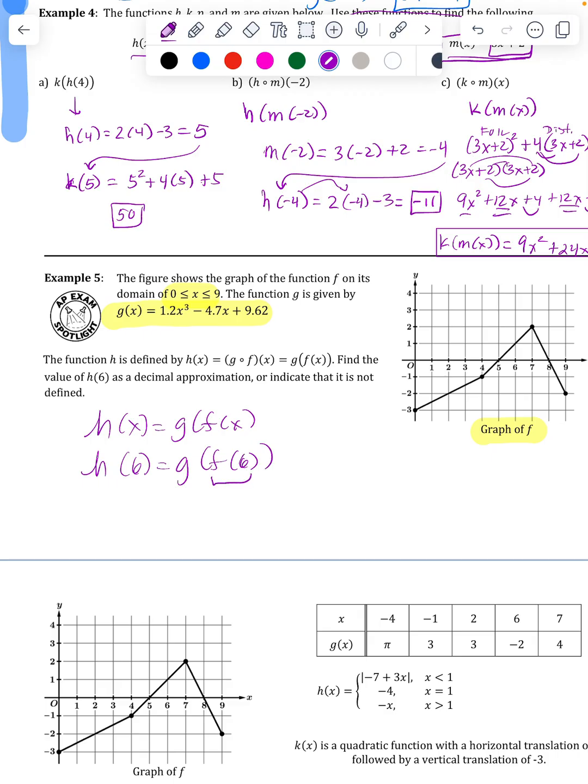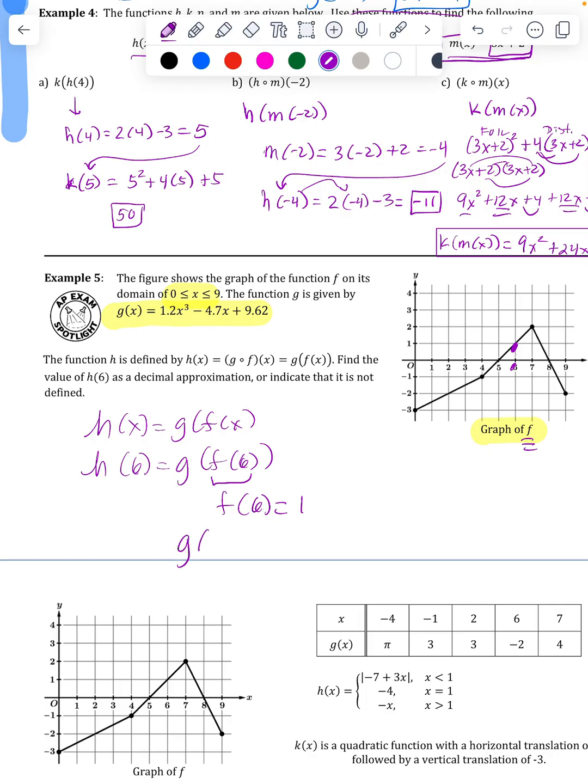So start with what we know. We're supposed to find f of 6 first. Well, this is function f. If you go to where x is 6, the y value is a 1. So f of 6, meaning what do you get when x is 6? You get a y value of 1.